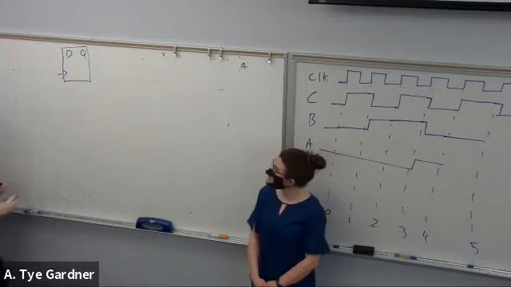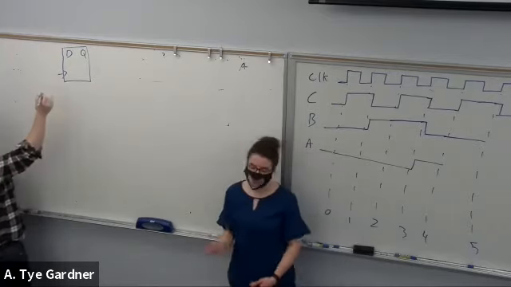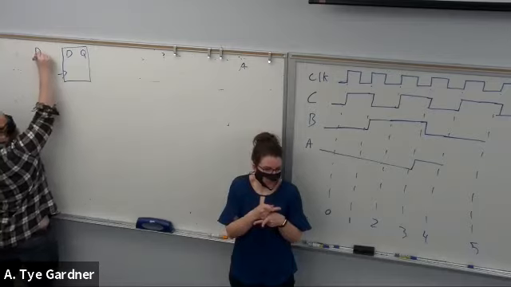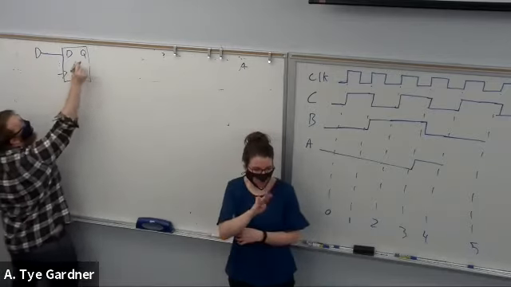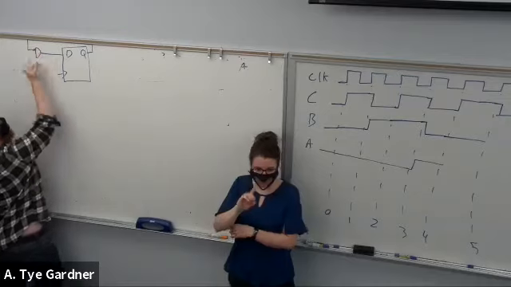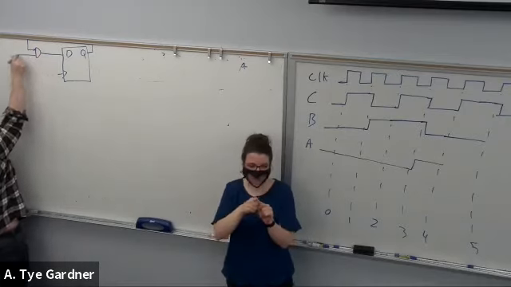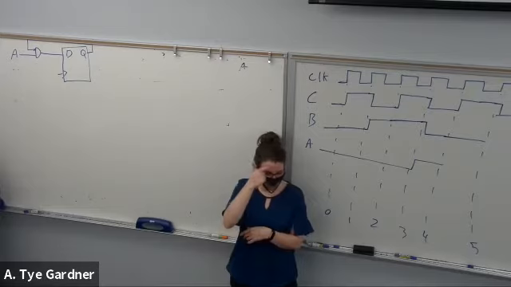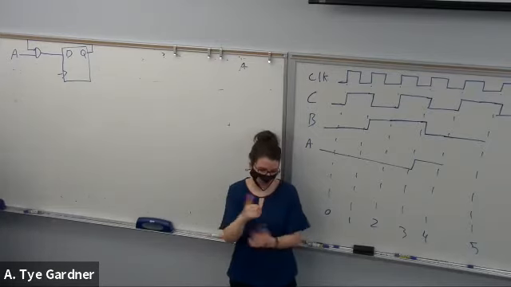So let's say I have some form of combinational logic that feeds into a D flip-flop, and the output of that flip-flop comes back around into that combinational logic, and we have input A. So this is a little bit weird.